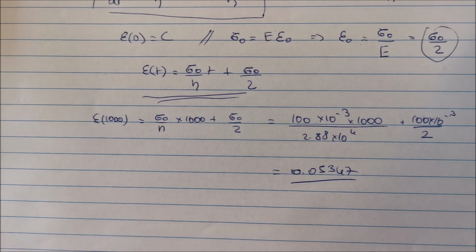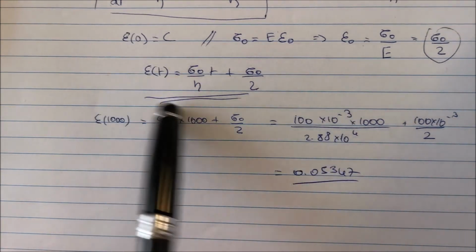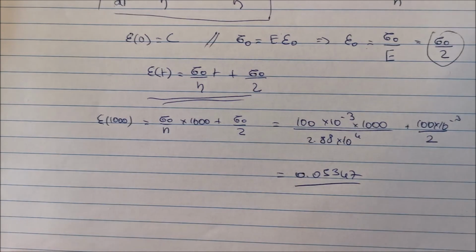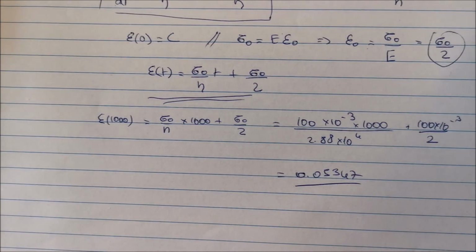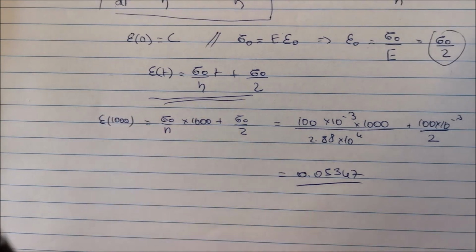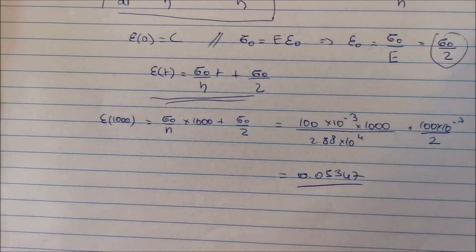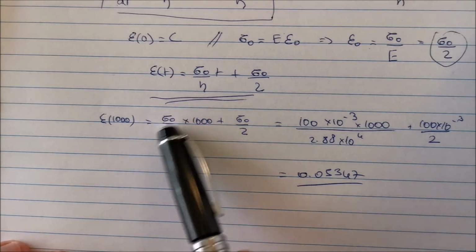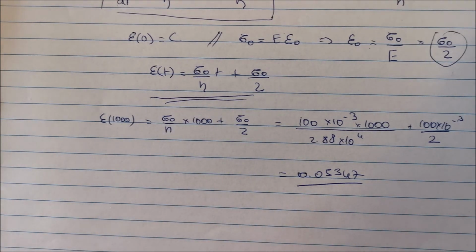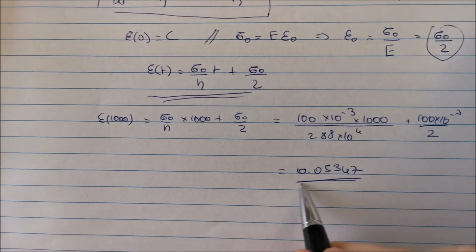Then we derived accordingly and obtained an expression that relates the stress and the strain. From that, we calculated the strain at 1000 seconds when you have a constant stress applied of 100 megapascal, and we obtained this value of strain.